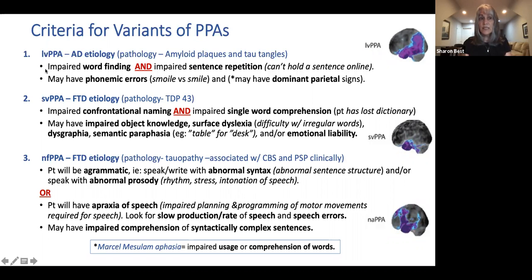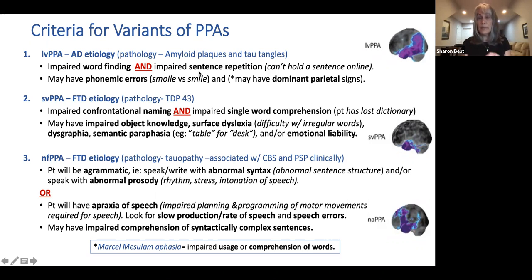Now, the first bullet here is the core criteria for logopenic PPA. It must be met. The patient must have both impaired word finding, so they're searching for words, and impaired sentence repetition. Now, in reality, all of our patients may have problems with word finding, including our typical Alzheimer's patients.